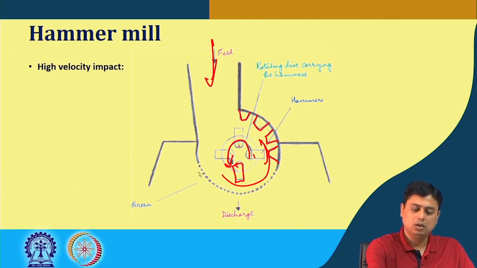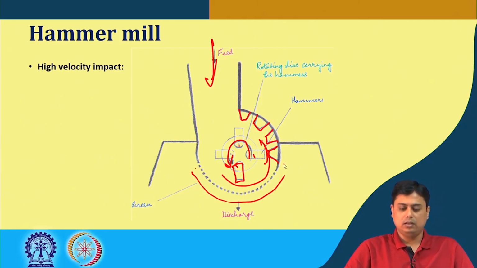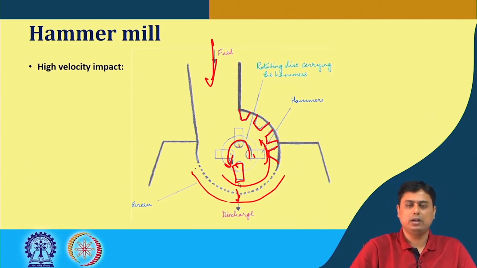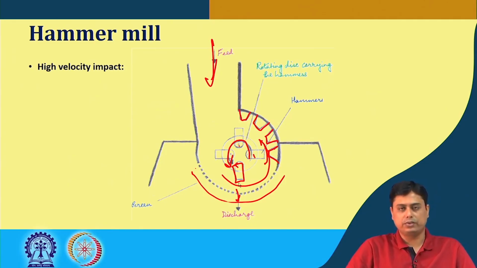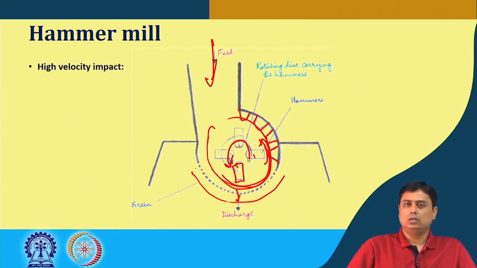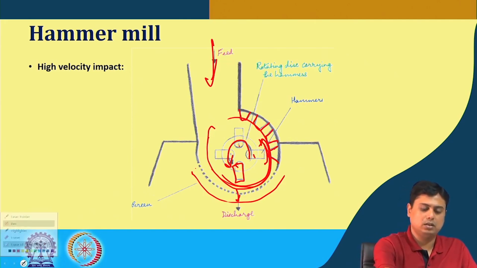At the bottom we have our desired screen sizes, and the discharge is collected when the particles are sufficiently smaller than the screen size. Until that time it circulates in the chamber, and while it passes through, it is crushed in between these two surfaces shown here.